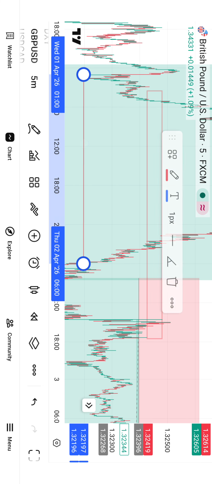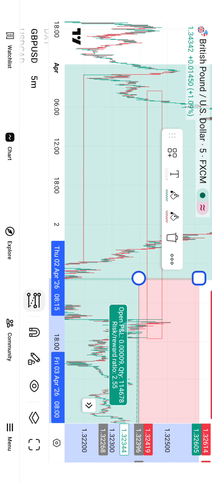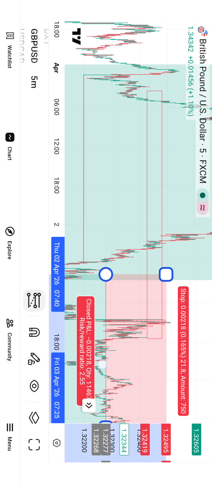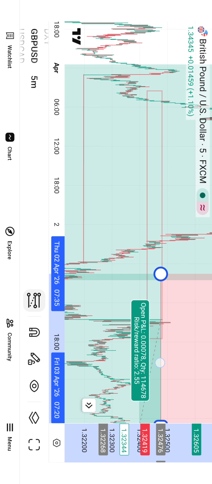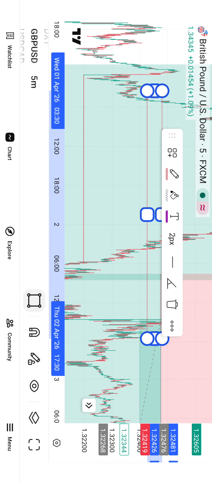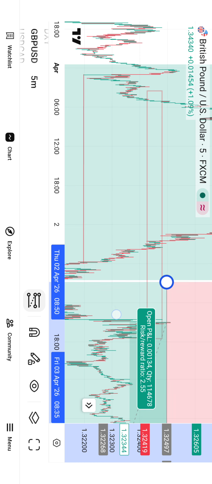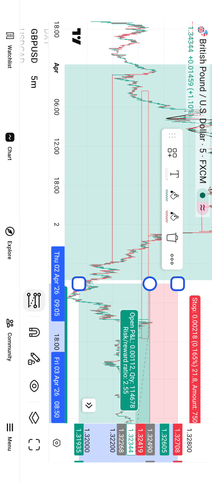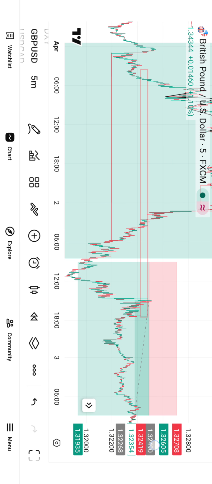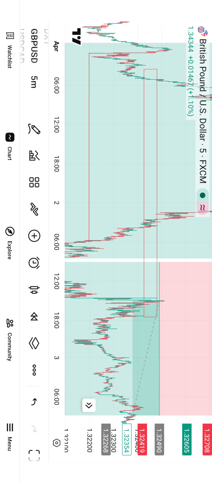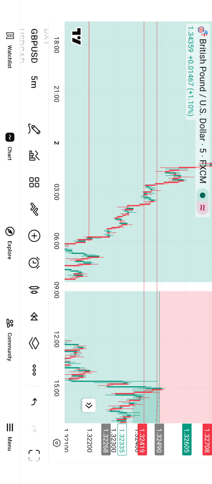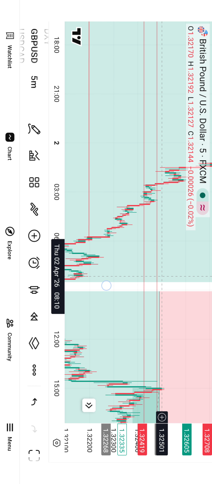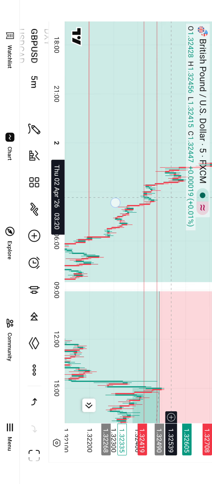So where I got the sell entry was from right here. Once it comes to an order block that broke another order block, that's also a strong zone. So we got this, you could see internal liquidity right here.